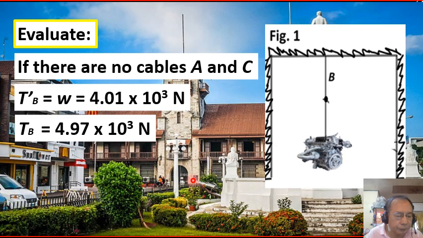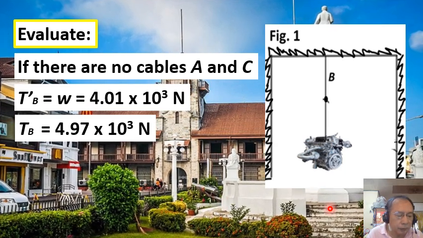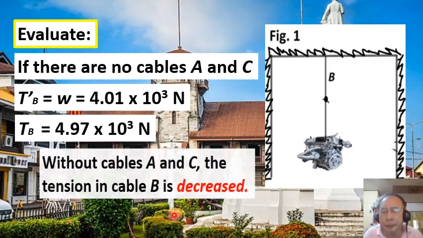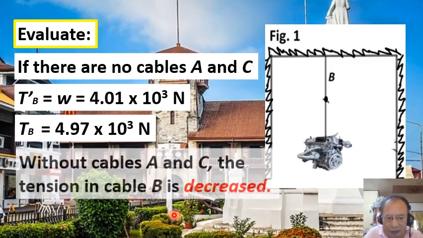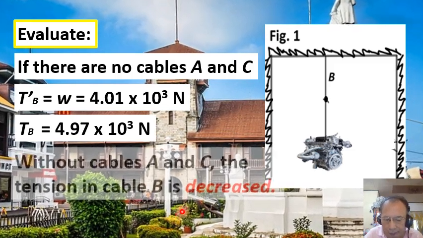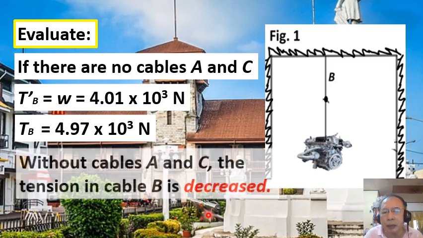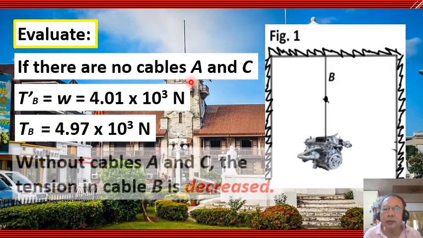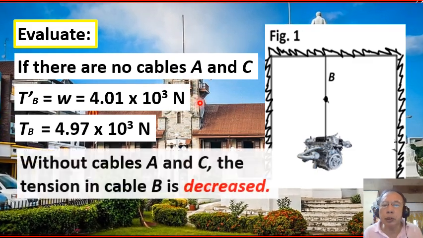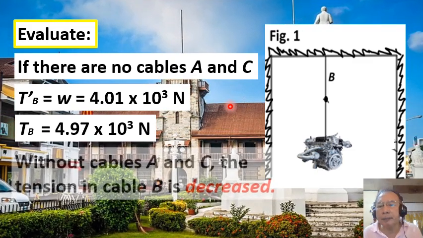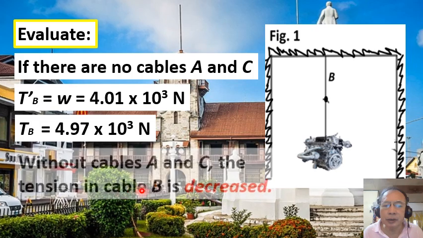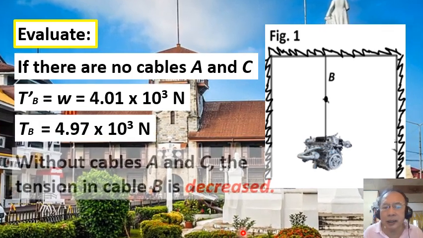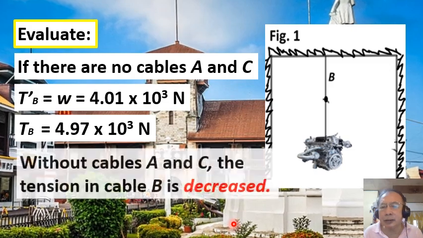So it's obvious that without the cables A and C, the tension in cable B would even be less compared to if there are cables A and C. So without cables A and C, the tension in cable B is decreased.